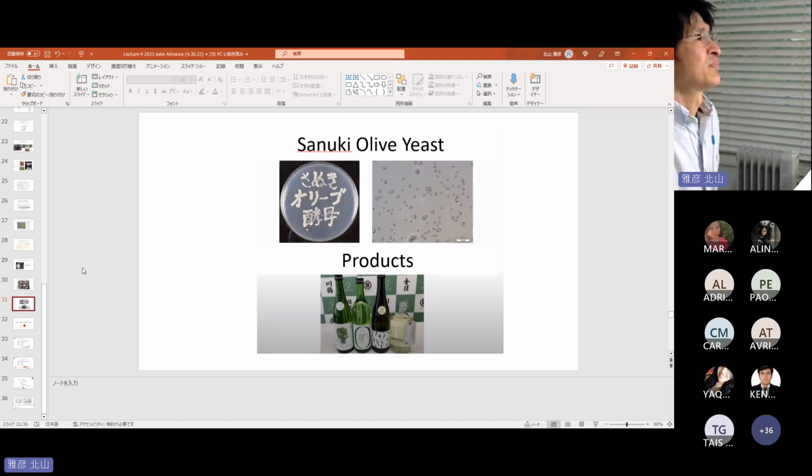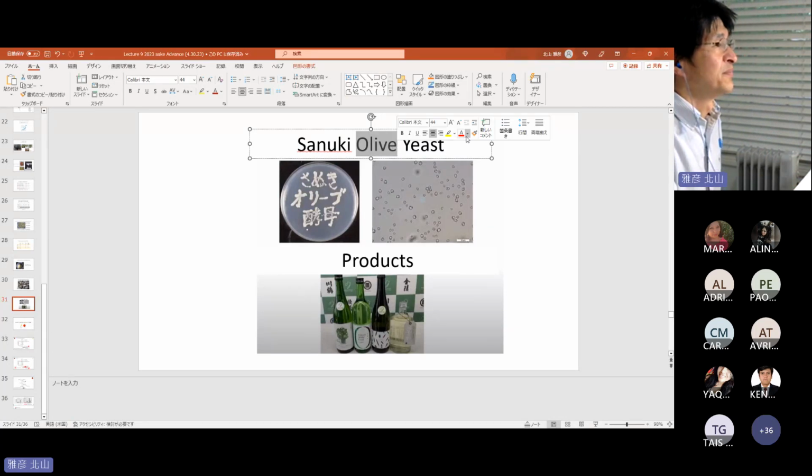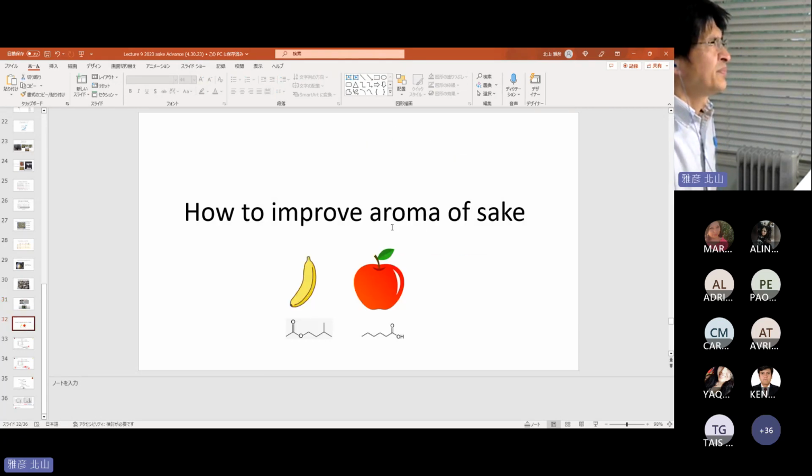So they wanted olive sake. But more people try to develop new yeast strains which produce more aroma of banana, more aroma of apple. For the rest of the time, I will explain how to make yeast strains which produce more aroma of banana and apple.